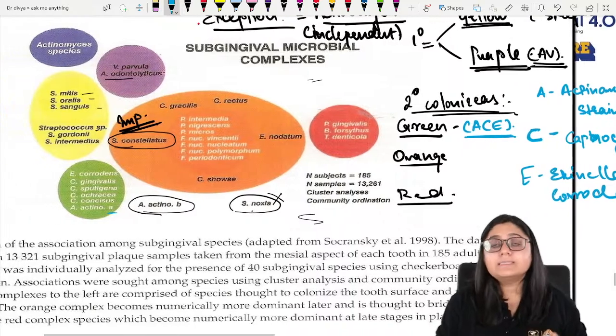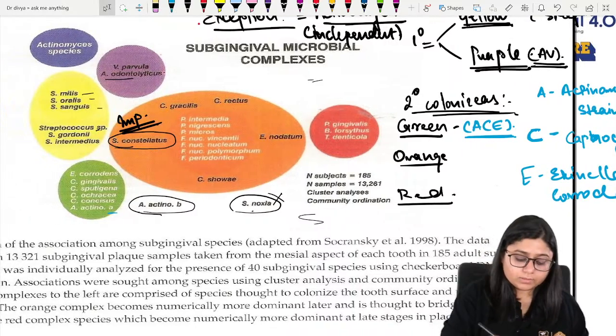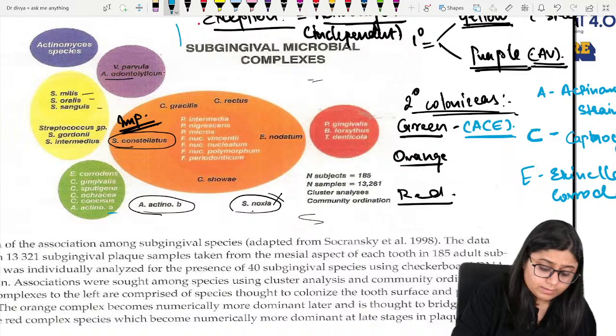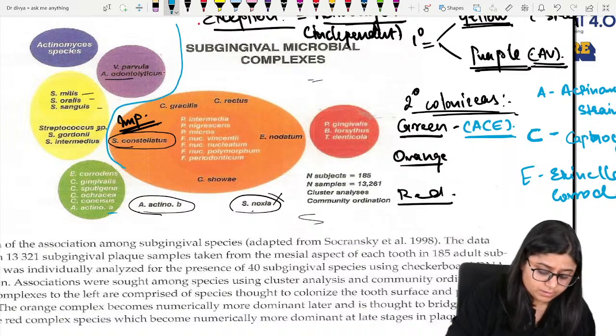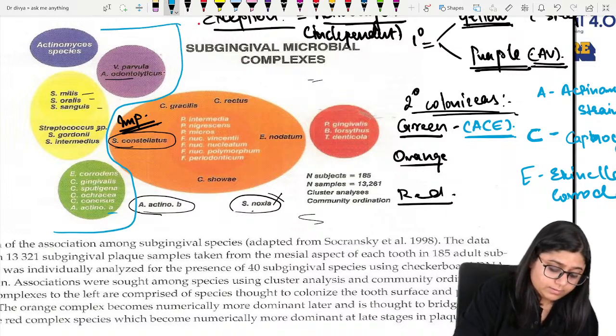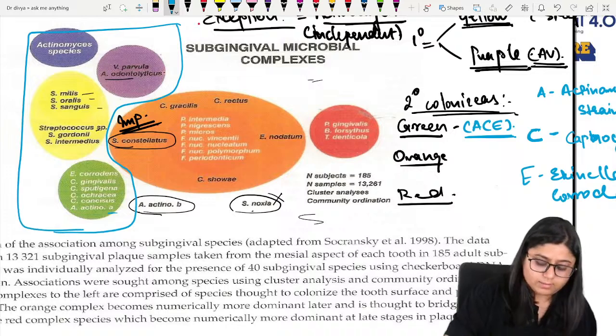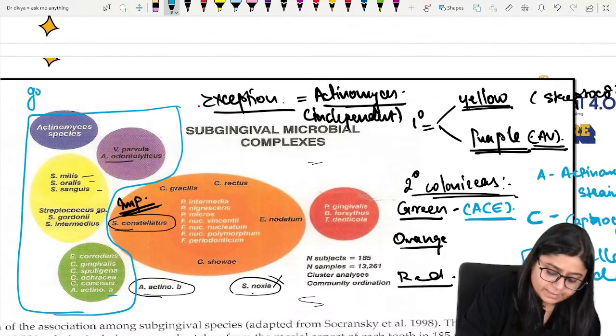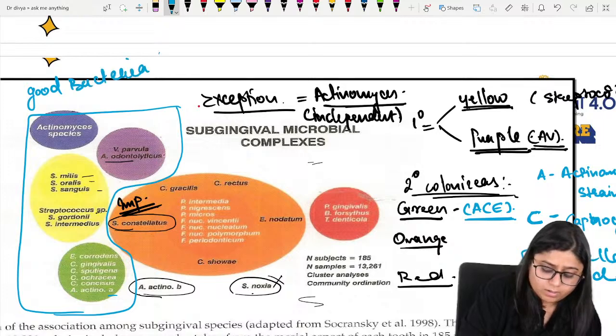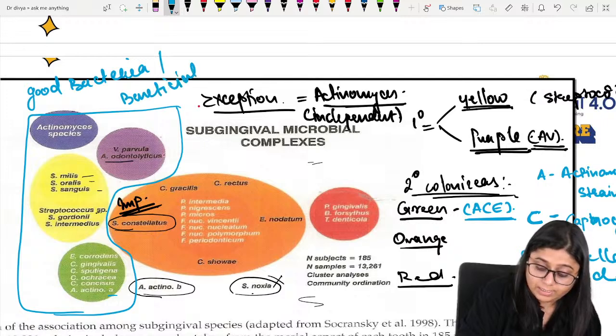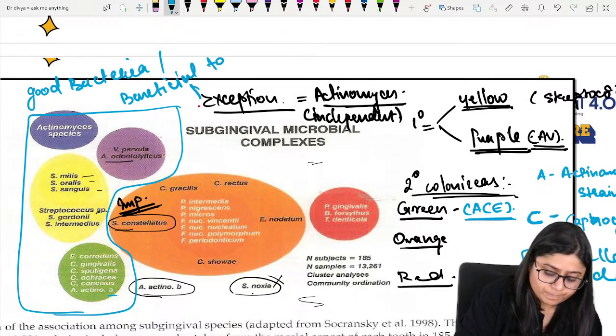And the green complex is a complex which is important. Up till here, this whole complex is composed of good bacteria, or you can say beneficial organisms, beneficial to the periodontal health.